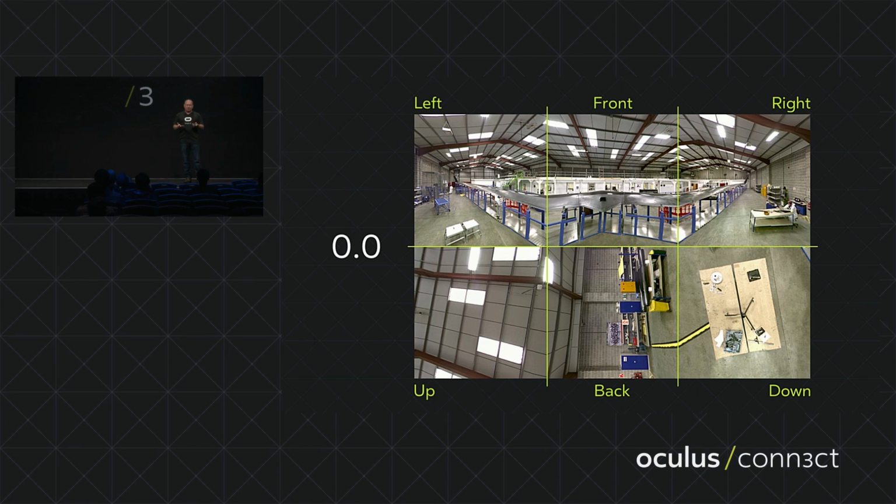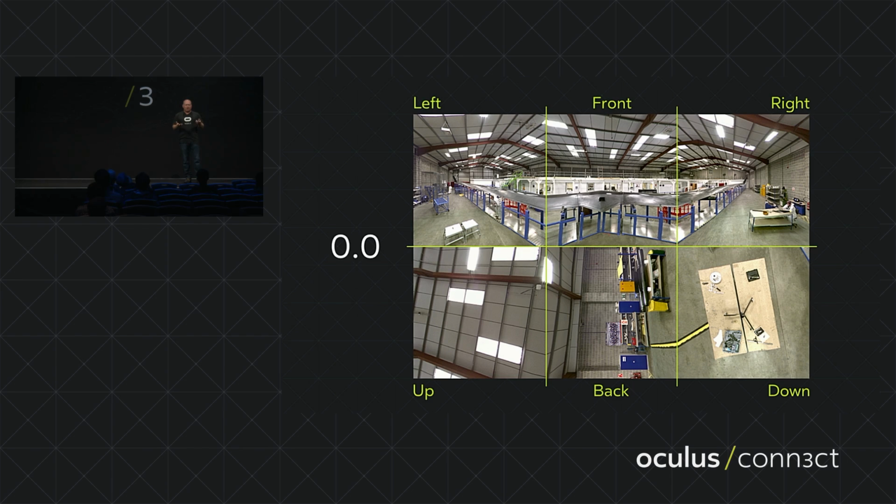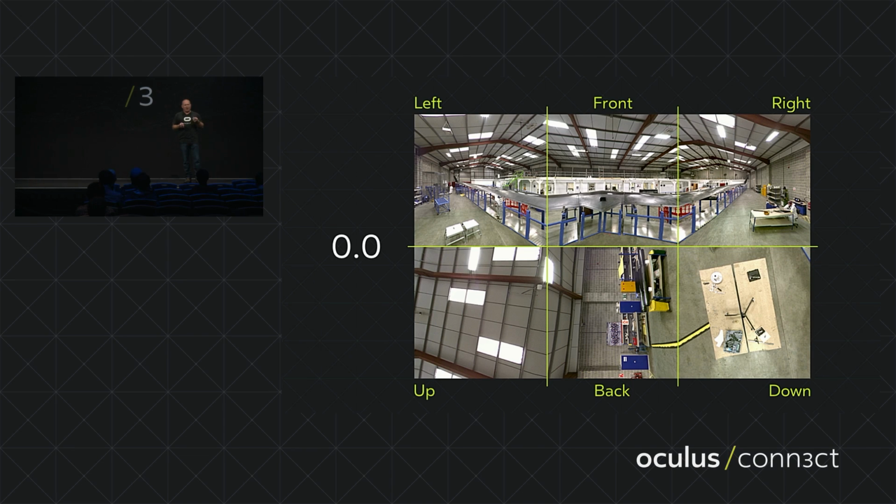I want to particularly point out that this was motivated largely by 360 videos, because we really like the idea of being able to stream 360 videos to people. But the problem is that you can only look in one direction at a time.